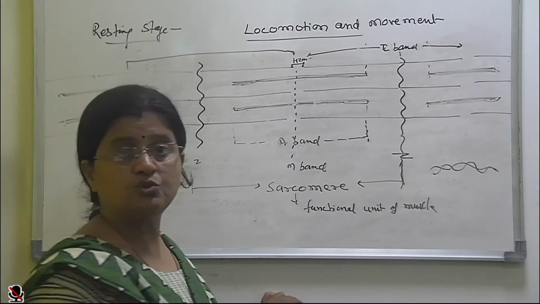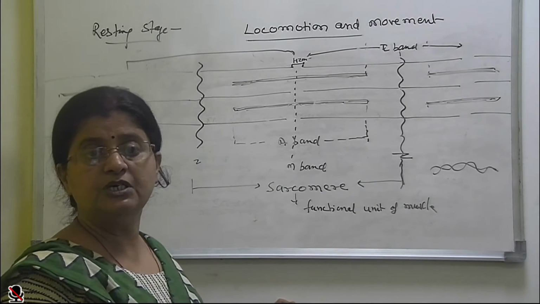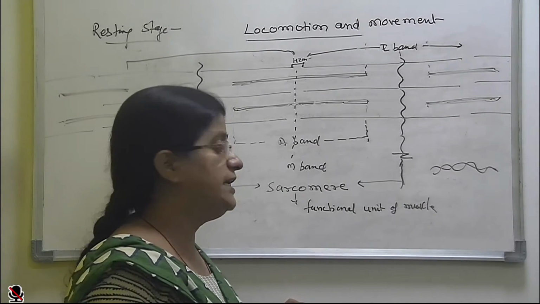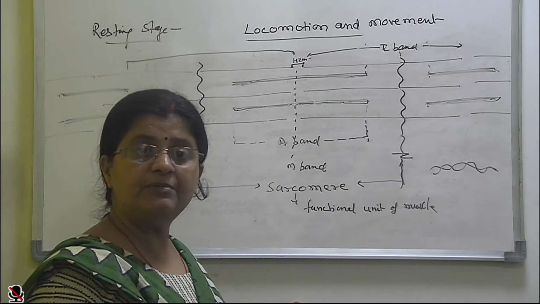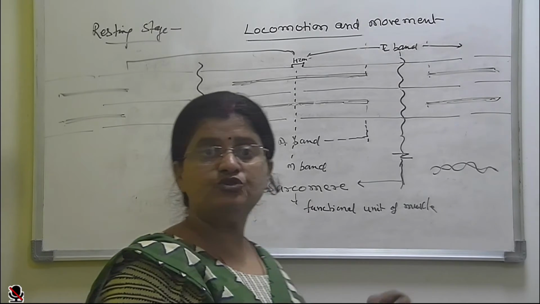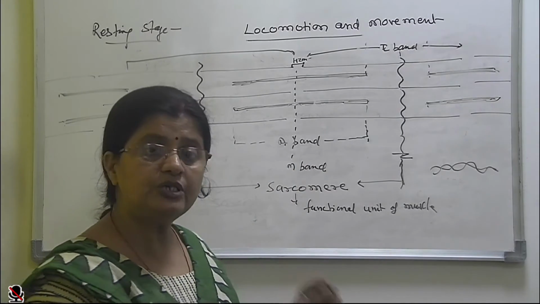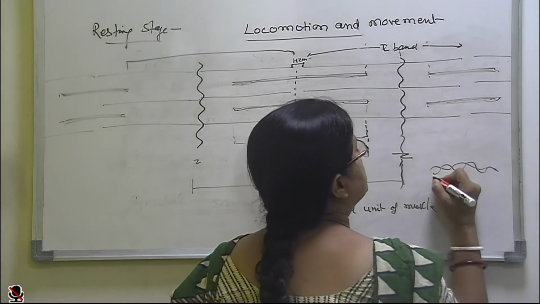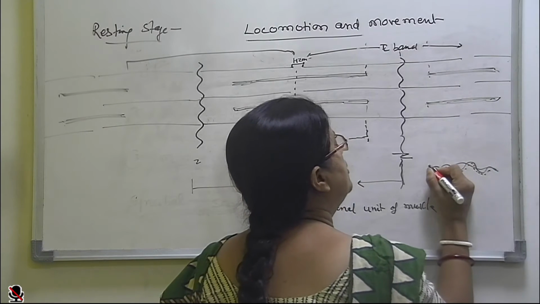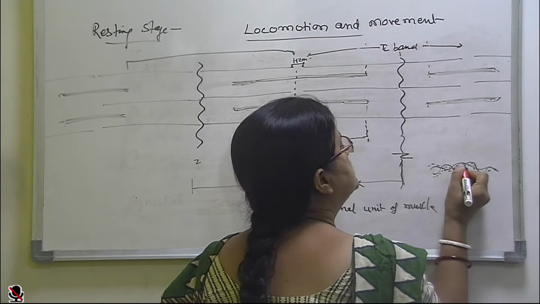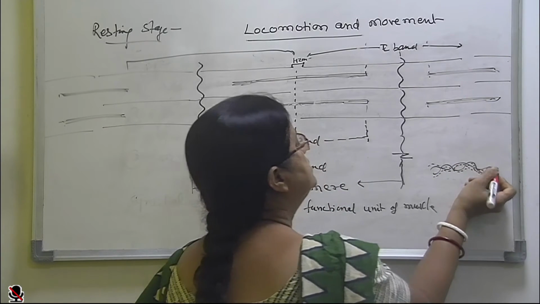There are two helically bound F actins, and the two filaments of tropomyosin also run along the length of this.